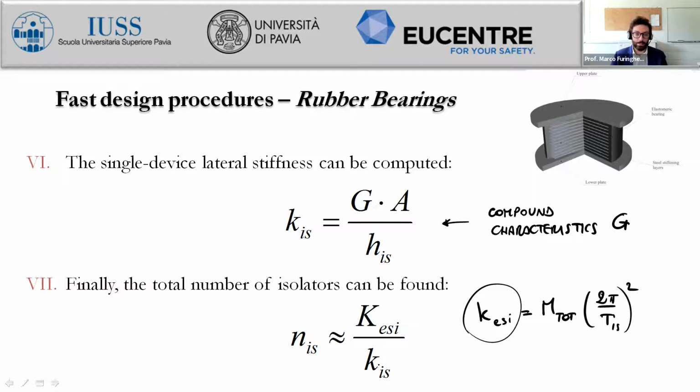What is a little bit more complicated is, as you can imagine, the fast design rule for lead rubber bearing. But again, we have performed some statistical analysis on the database of real tests performed at the laboratory of Centre Foundation. I actually performed some analysis in order to come up with some guidelines on the main parameters to design this typology of devices.